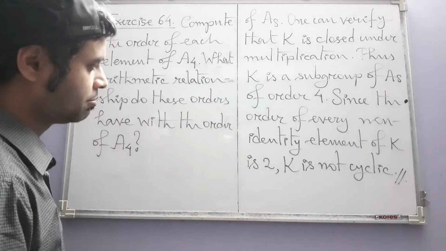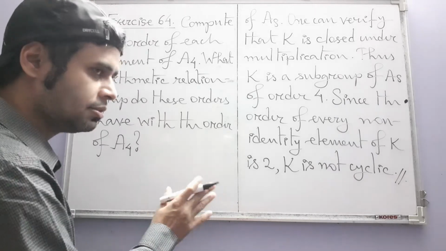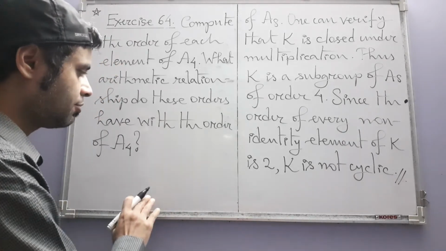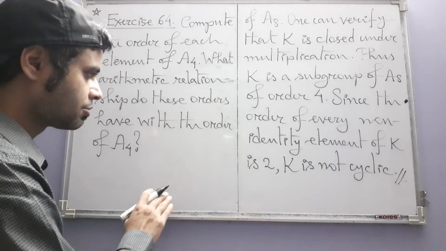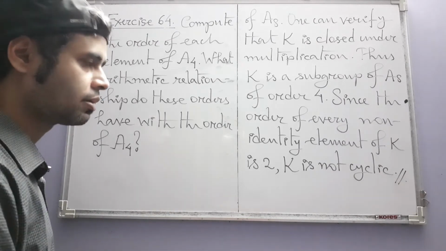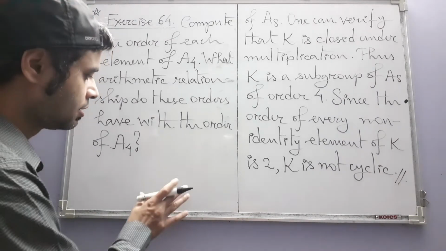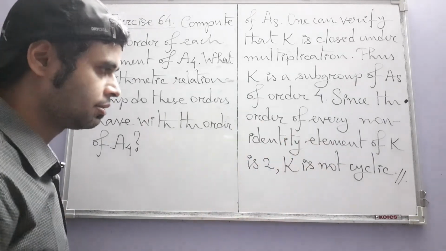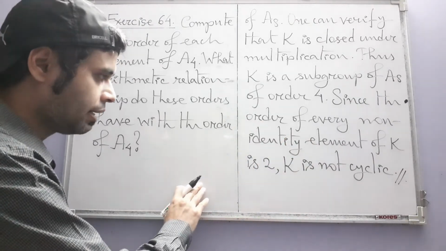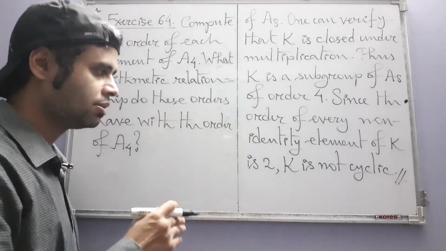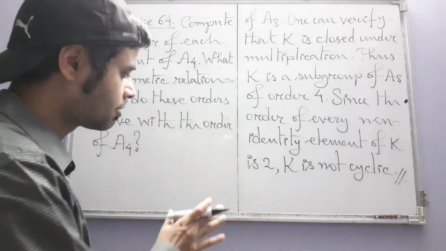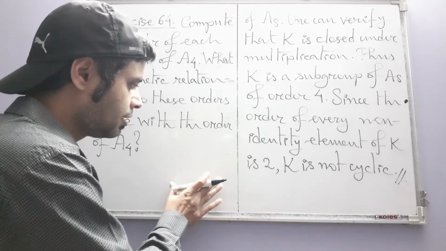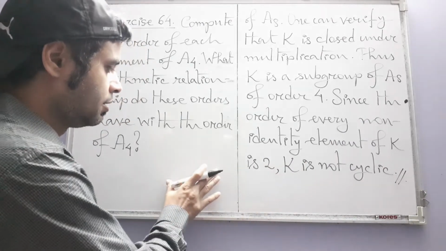Now we know that in any symmetric group, the order of an element ultimately depends on the cycle structure of the element, that is, how it is a product of disjoint cycles. Depending on that, the order of the element can be determined, and it does not matter exactly what cycles are involved.